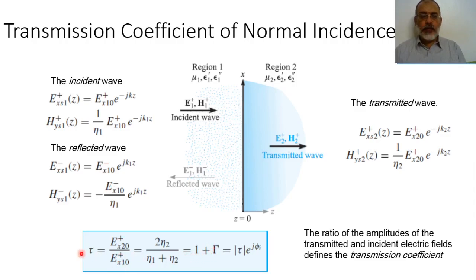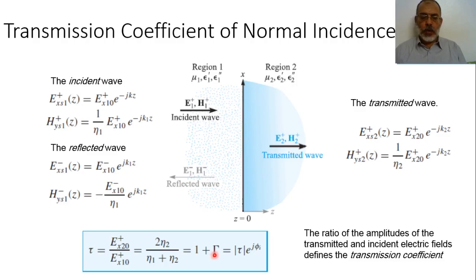So effectively the transmission coefficient, which is the ratio of the amplitude of the transmitted electric field to the incident electric field, would equal 1 plus the reflection coefficient gamma. And according to gamma, it was eta 2 minus eta 1 over eta 2 plus eta 1.